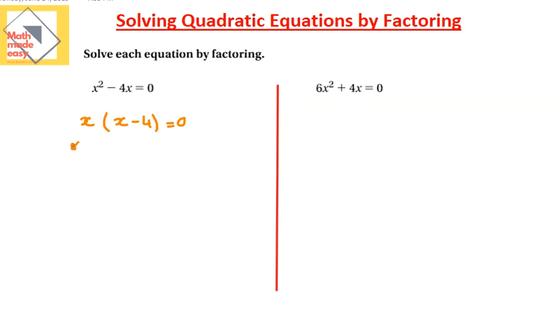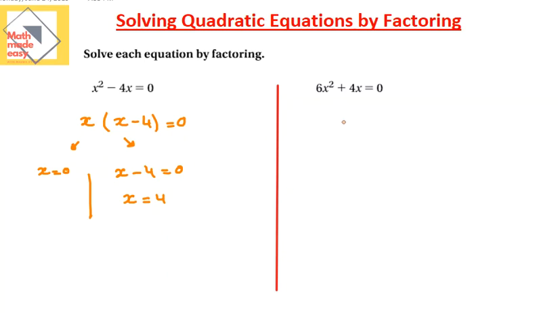So it's either x equal to 0, or the other solution, x minus 4 equal to 0. If x minus 4 is equal to 0, that means x is equal to 4. So how many solutions do we have here? We have x equals 0 and x equals 4, and we did solve this equation by factoring.